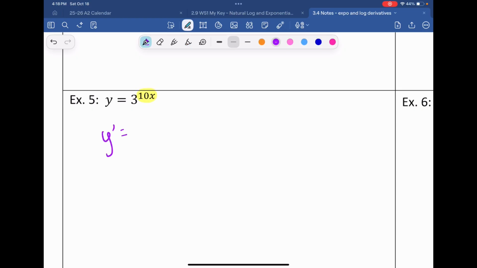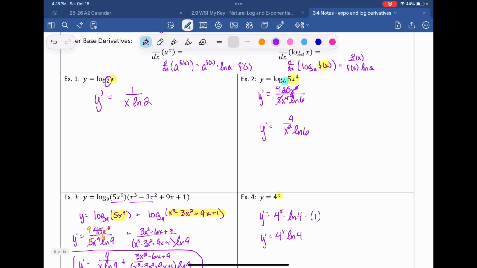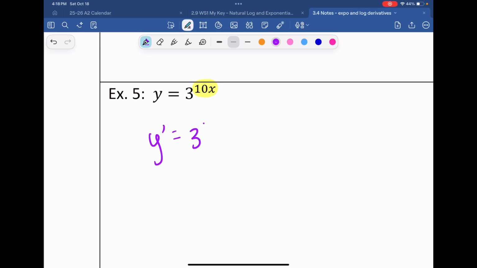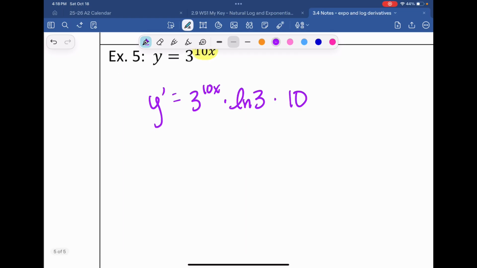All right, this time your exponent's 10x. So y prime, I've got to look because this is the one I'm not super familiar with. a to the f of x, ln of a. So a to the f of x times the ln of a times the derivative of the exponent. I don't really know how I can write that, to be honest. 10 times 3 to the 10x times the ln of 3? I don't know.